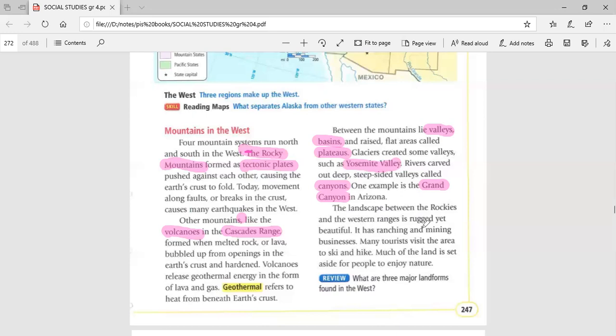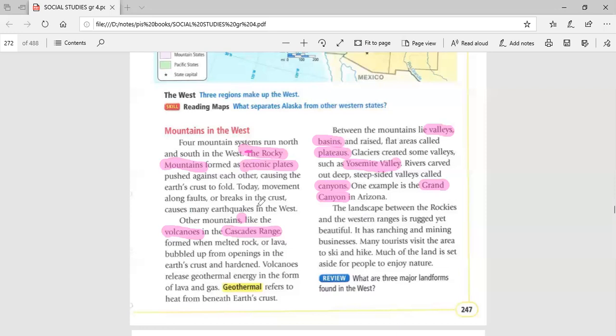If we speak about the mountain states, in these states we could find that the land is rugged, but also beautiful at the same time. These states have many ranching and mining businesses, and many tourists come to ski and to hike.